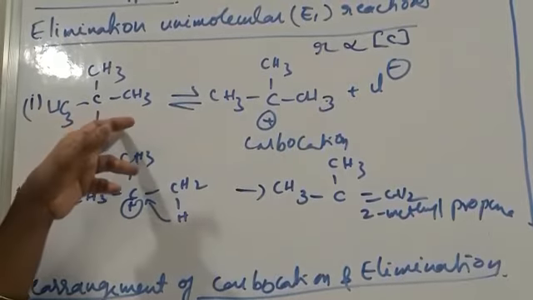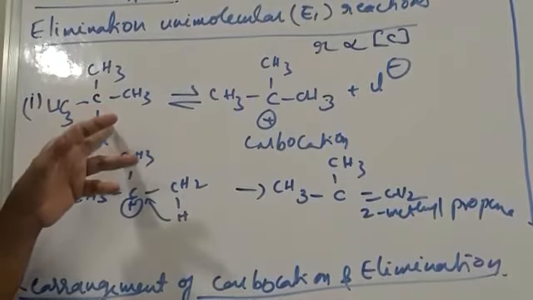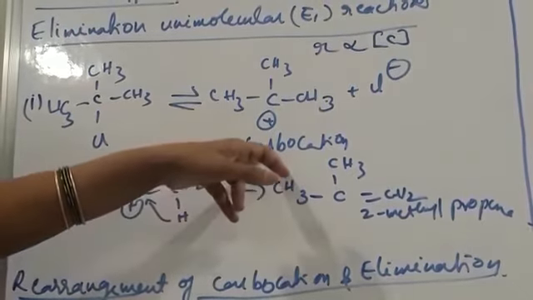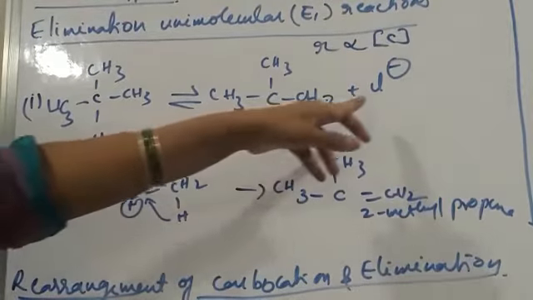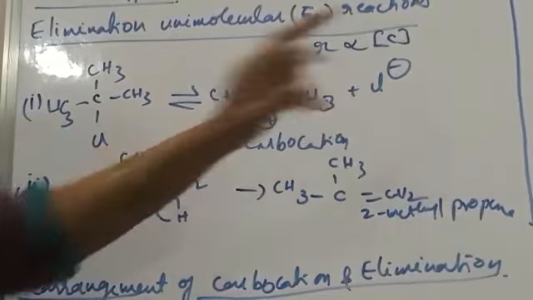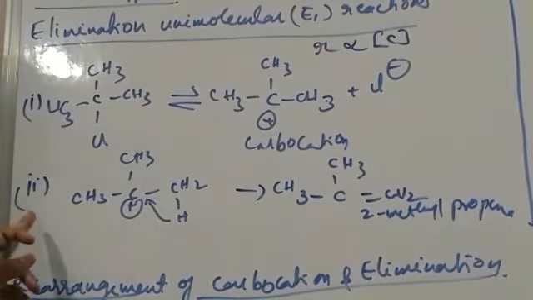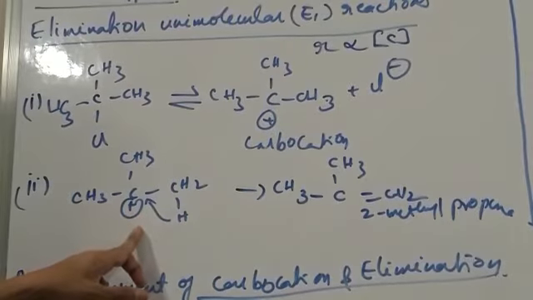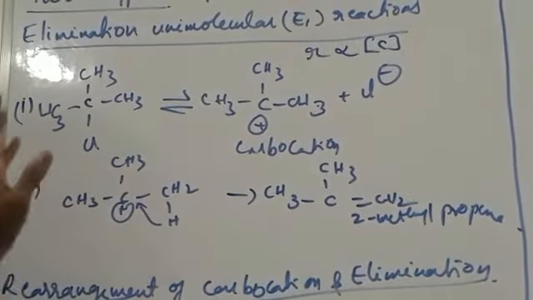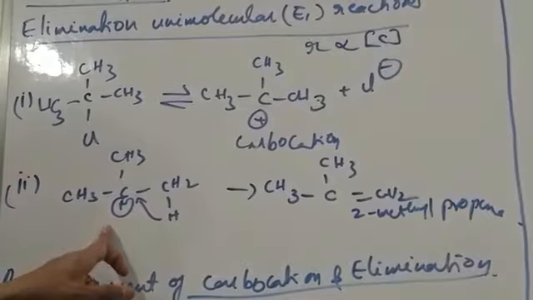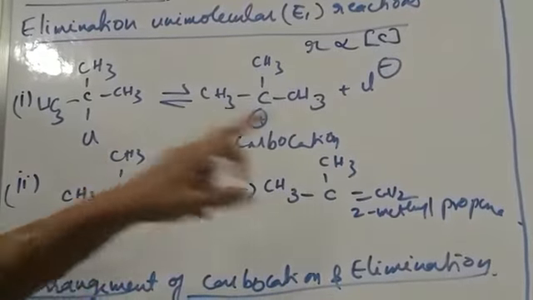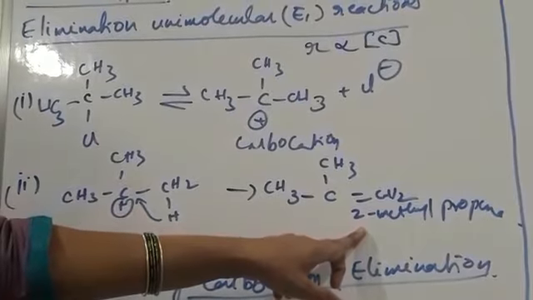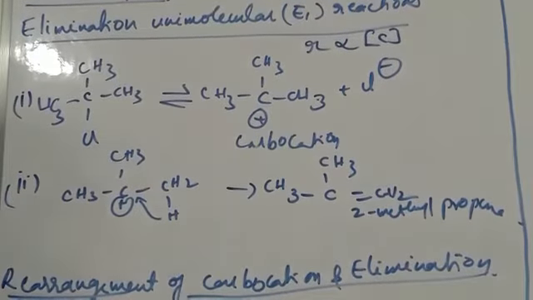In the first step, the alkyl halide forms a carbocation by losing halide ion. And in the second step, the carbocation loses a hydride ion. This is also called a hydride shift. Okay. And we get the final product which is an unsaturated compound.